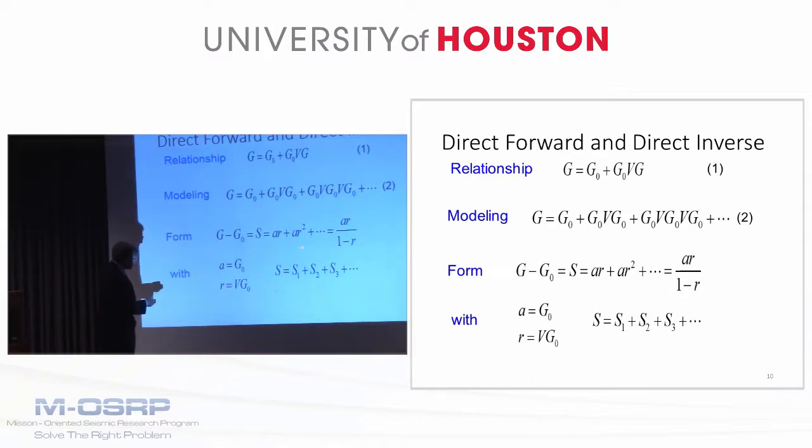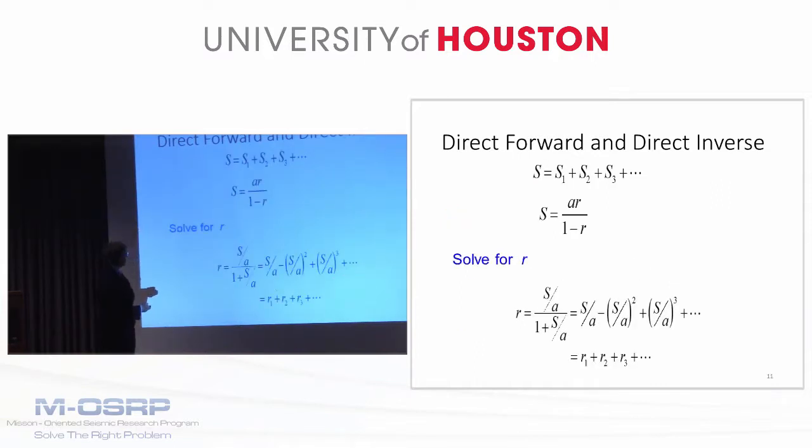We will have a formula like this, the first term over 1 minus the ratio. Well, this formula is very interesting. First of all, this, as we said, is the portion of S that's linear in R, quadratic in R, S1, S2, and so on. The sum, as we just said, can be written as AR over 1 minus R if the absolute value of R is less than 1.